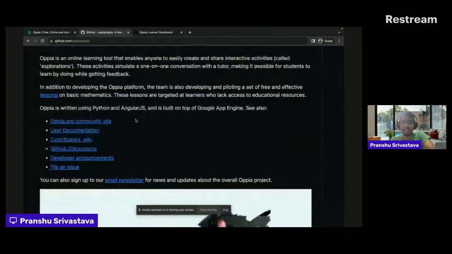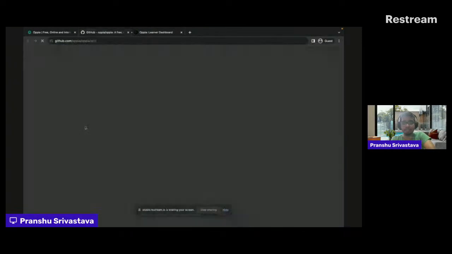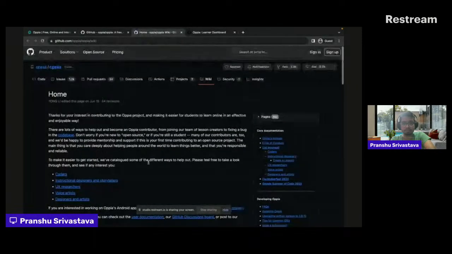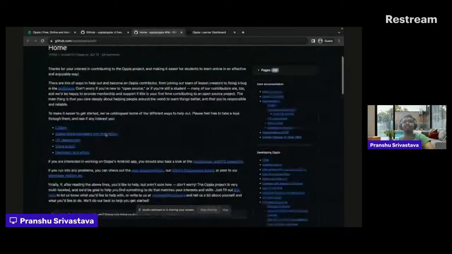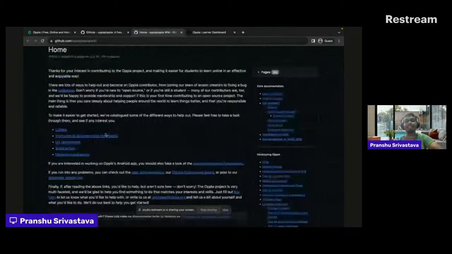And if we take a look at the contributors wiki, even in the contributors wiki, they have different sets of documentation for the programmers, for the designers, for the UX, and all the different kinds of ways that you can contribute to OPIA.